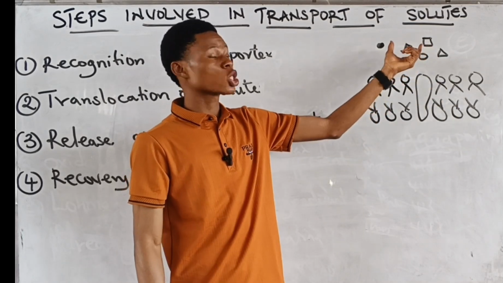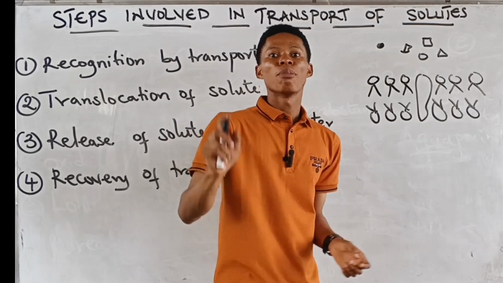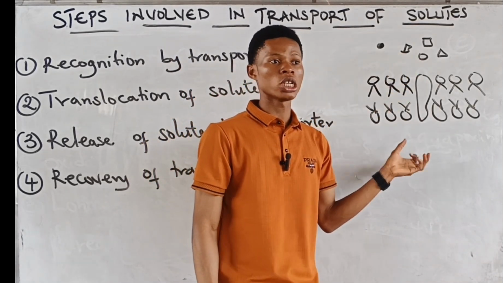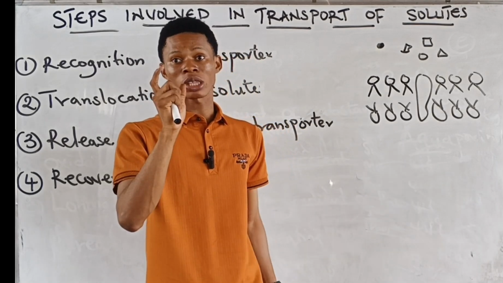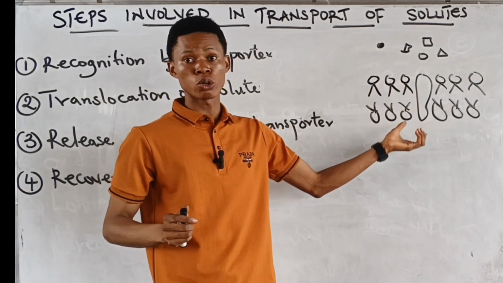Now, I want to transport this molecule from outside to inside. But the molecule cannot diffuse on its own into the cell. We need a transporter. That's the case of facilitated diffusion. So we need a transmembrane protein.